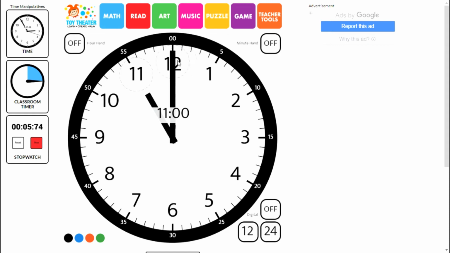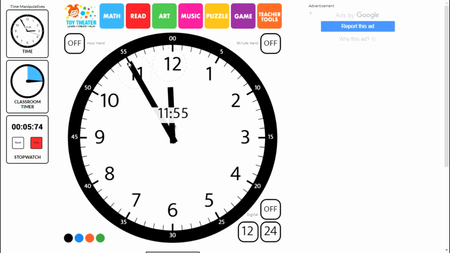Another hour passes. Now, the clock shows 11 AM, which means your lunch is about to come. Your lunch is at 12 o'clock, right? One more hour and then you will have your lunch. So the minutes keep on moving one by one. 5, 10, 15, 20, 25, 30, 35, 40, 45.